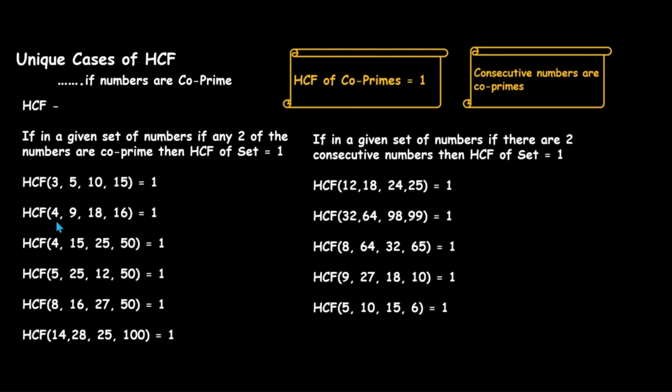Similarly, 4 and 9 are surely not consecutive numbers, but they are still co-prime. Similarly, 4 and 25, 5 and 12, 8 and 27, and 14 and 25, they are definitely not consecutive numbers, but they are still co-primes because the highest common factor between them is 1. So consecutive numbers are co-primes, but the important point to note here is that co-primes need not always be consecutive numbers.